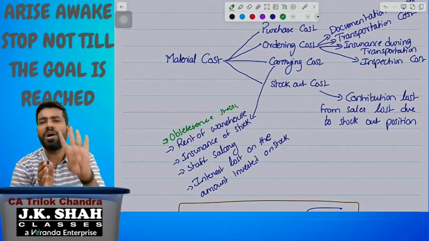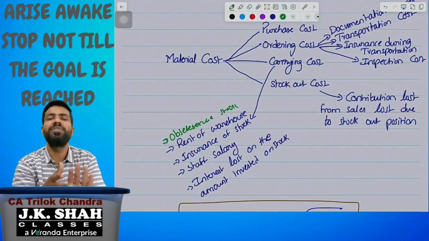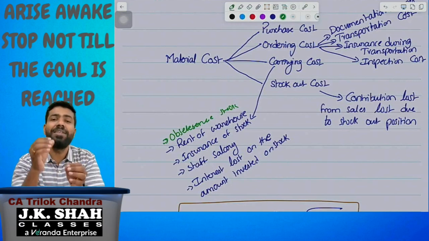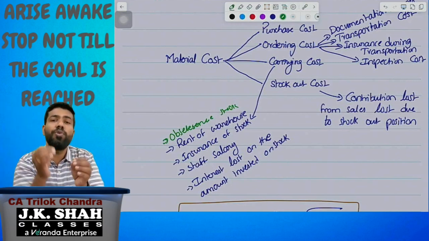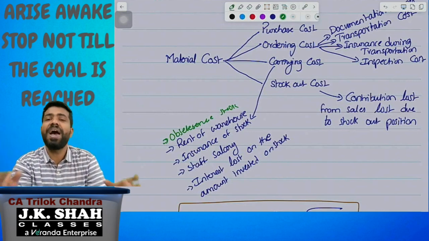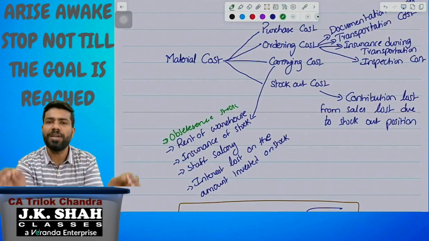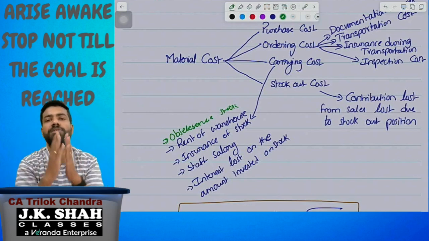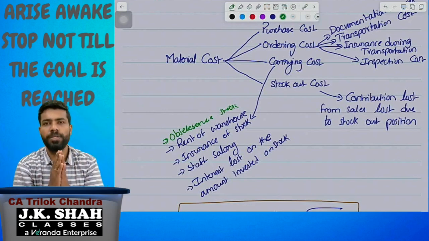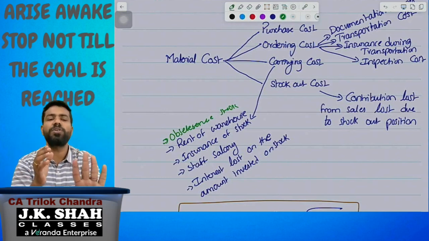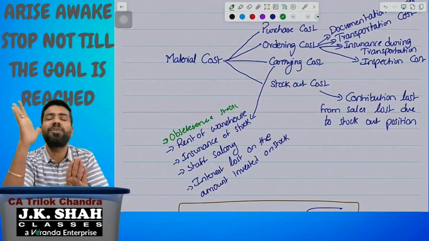These are the four cost elements which are associated with the material. The ordering quantity we are going to decide in such a way that it can minimize the material cost. The reorder quantity should minimize the material cost. That means the total of these four cost elements should be minimum with respect to ordering quantity.